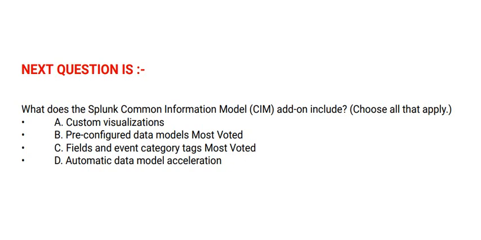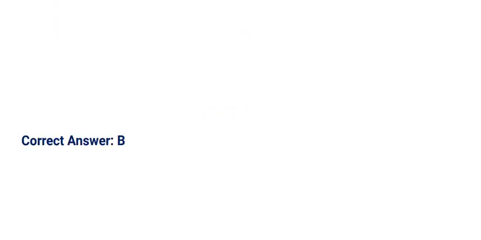Option C, field and event category tags. And option D, automatic data model acceleration. The correct answer is option B.